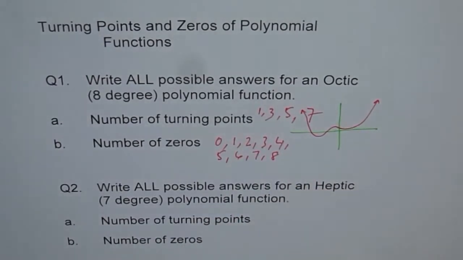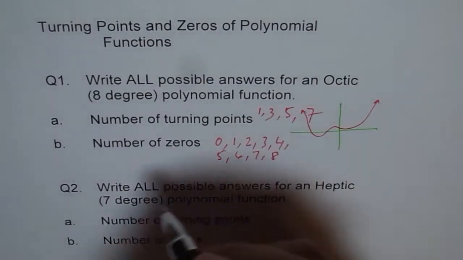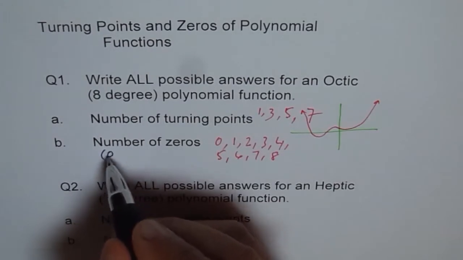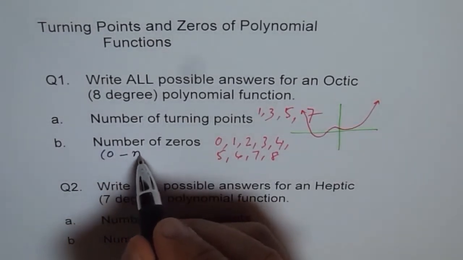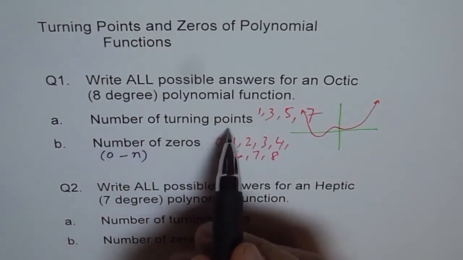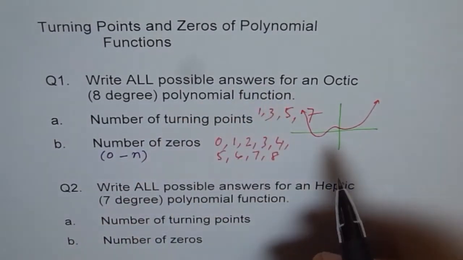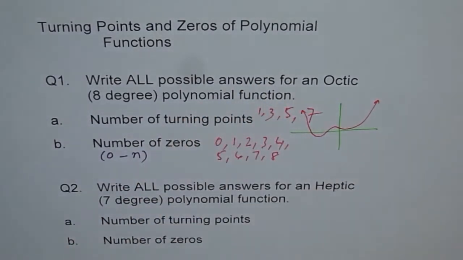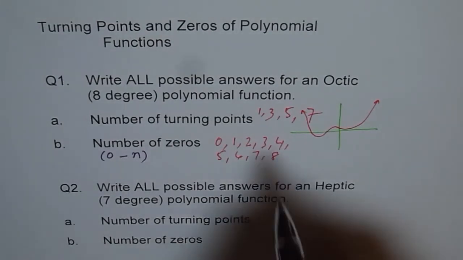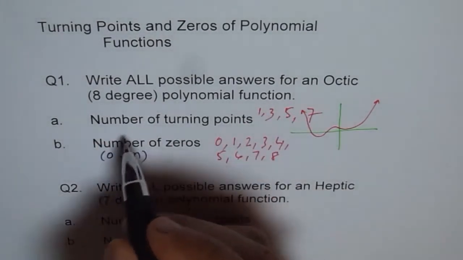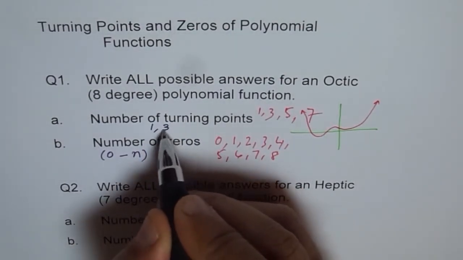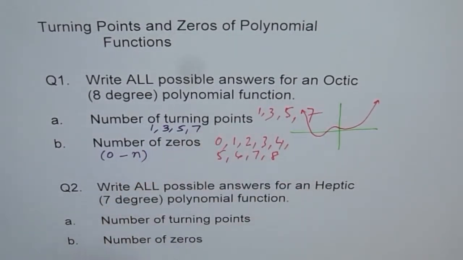So the number of zeros is always from 0 to n. And the number of turning points, for even degree, are odd numbers. But we can write that the maximum number of turning points is n minus 1 for both. As we have seen, the number of turning points for an octic degree is 1, 3, 5 and 7.